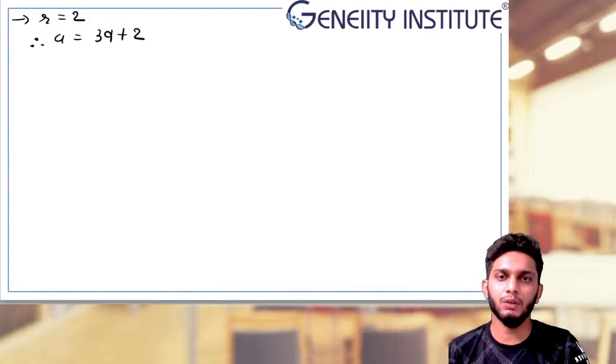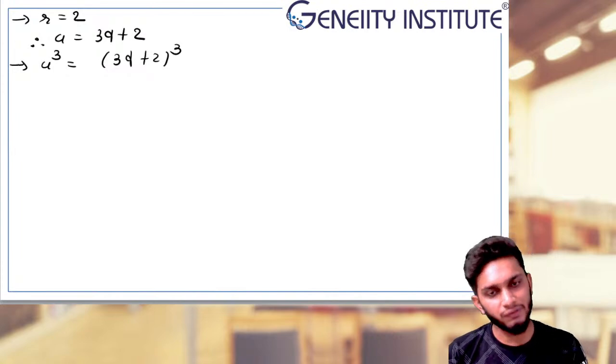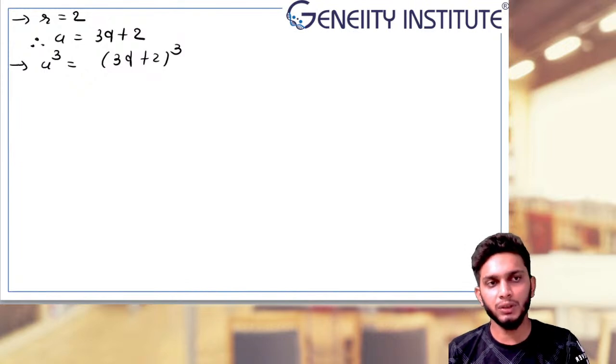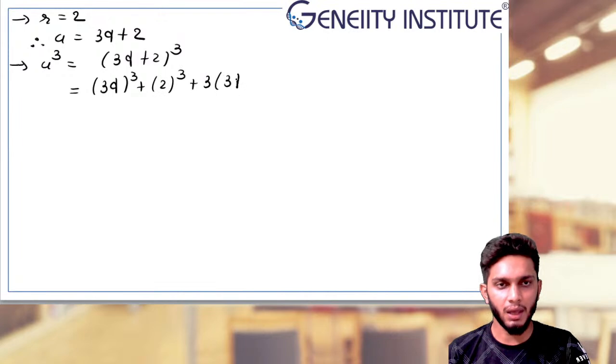Now find the cube of this number. तो a क्यूब, तो 3q plus 2 होल क्यूब. वही फॉर्मूला है a plus b whole cube. So a cube plus b cube plus 3ab into a plus b.